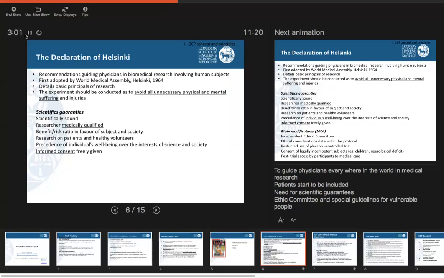That is, they must understand the principles of how to conduct evaluations so that they are able to do it correctly. And that the risk and the benefit must be in favor of benefit to the patient as well as benefit to the society.